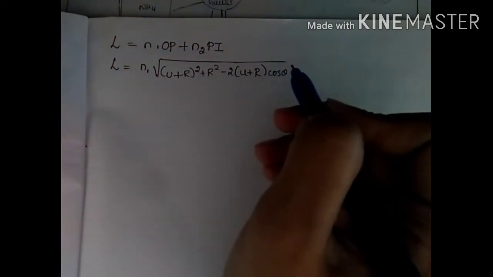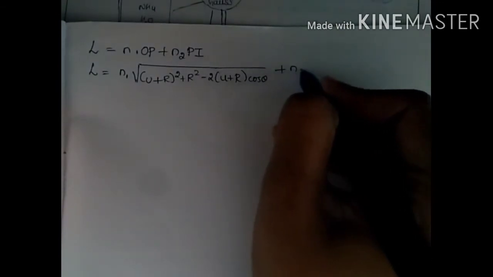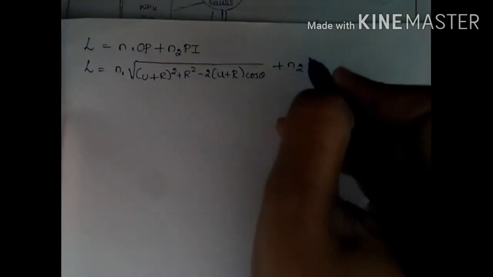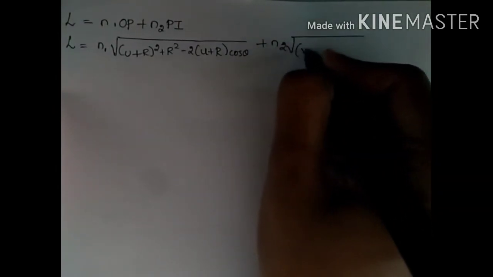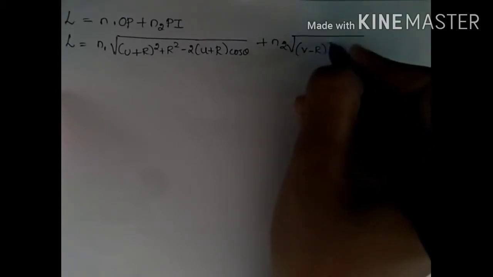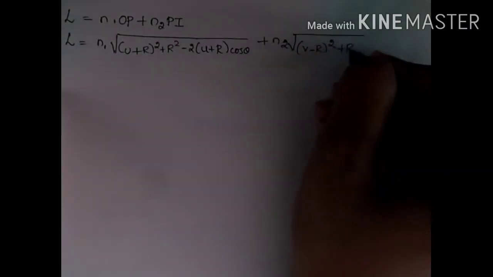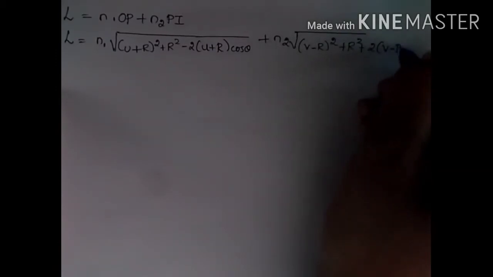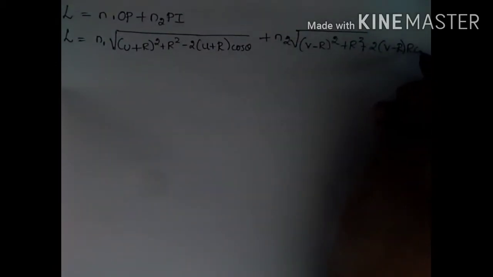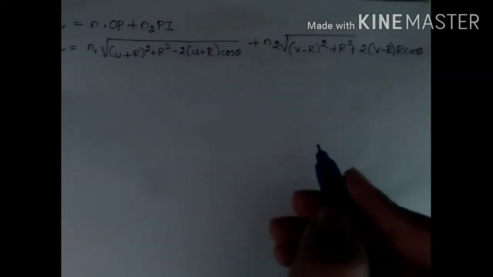Now for PI, what is it? Plus n2 multiplied by PI. PI is root over (v minus r) whole square plus r square plus 2(v minus r) r cos theta.